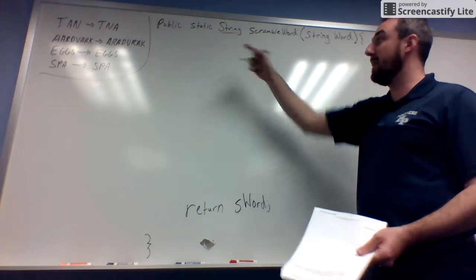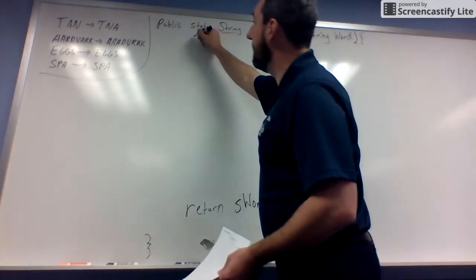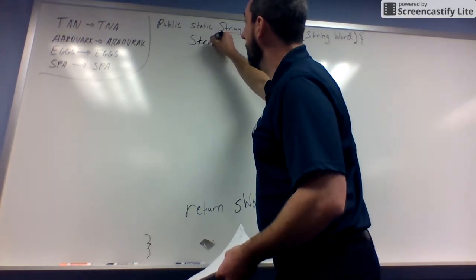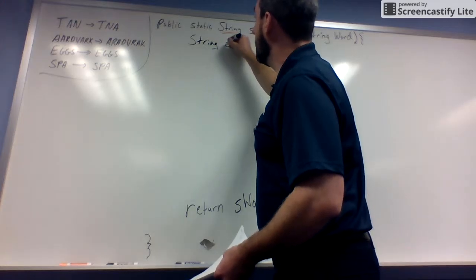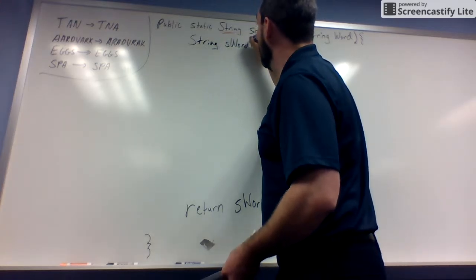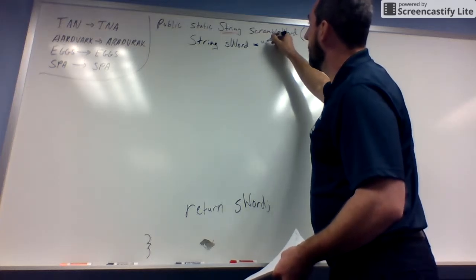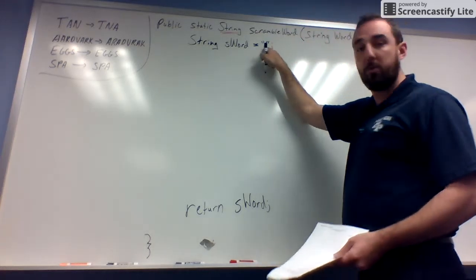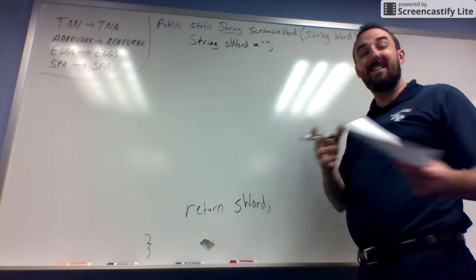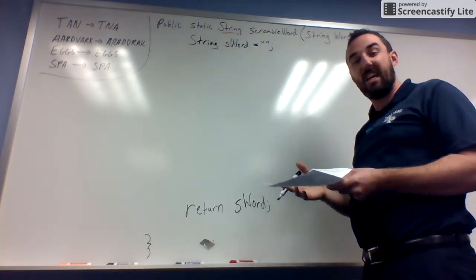So maybe I go all the way to the top and I'm going to have a string called S word. And for the time being, I'm just going to make it equal to blank. So I put two quotes next to each other, and that makes an actual string with nothing in it.